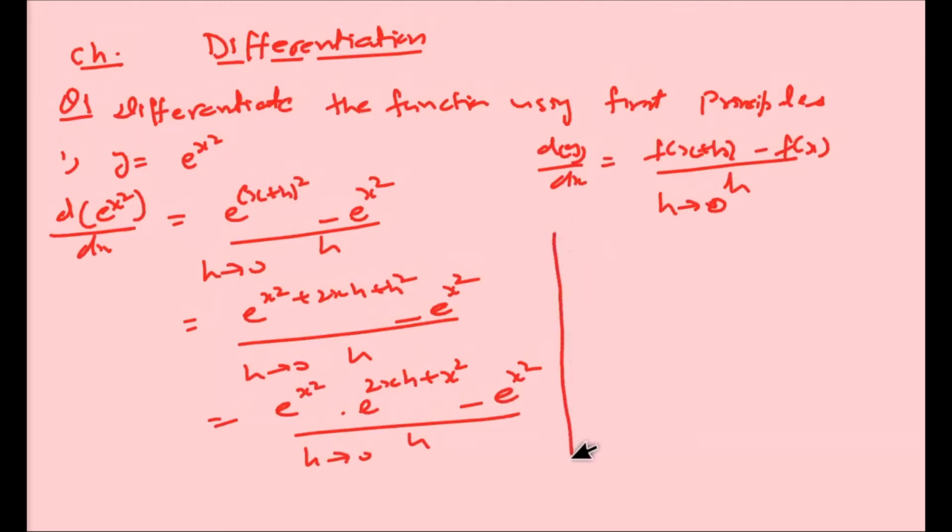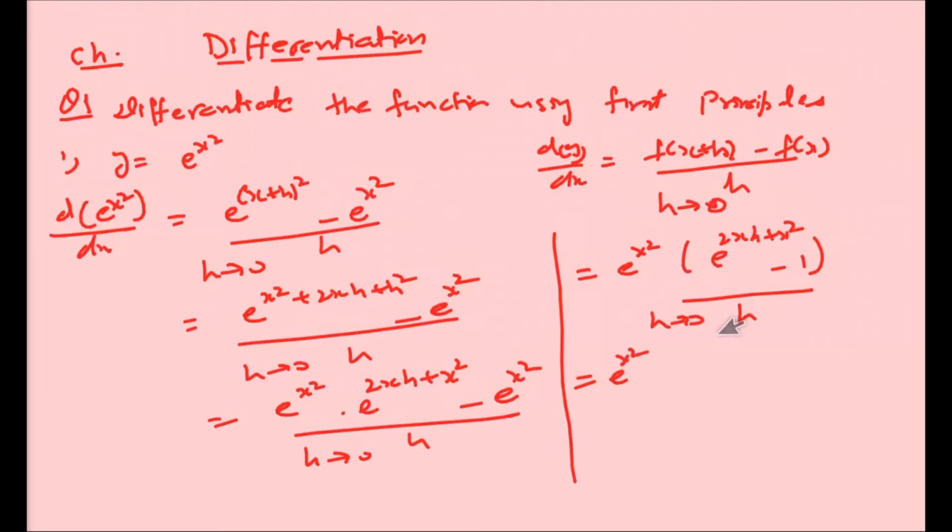Okay, so now taking e to the power x square common, we can write e to the power (2xh plus h square) minus 1 upon h, h tends towards 0. Now we are going to use the formula we have already learned in the previous limit, e to the power x minus 1 upon x, x tends towards 0, that is equal to 1.